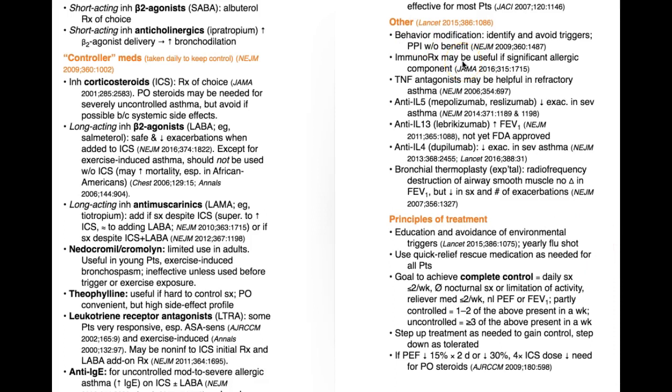I would go through the UpToDate articles and look at the articles that are being quoted there, to look at really where a lot of the foundation of both the diagnosis as well as management is coming from. And I would do that for every single one of the things on your differential, because this is a good starting point, and it will point you towards the citations that are probably going to be the most strong, meaningful, and will point you in the right direction in terms of practice management.